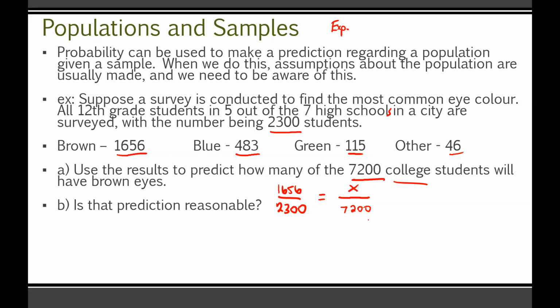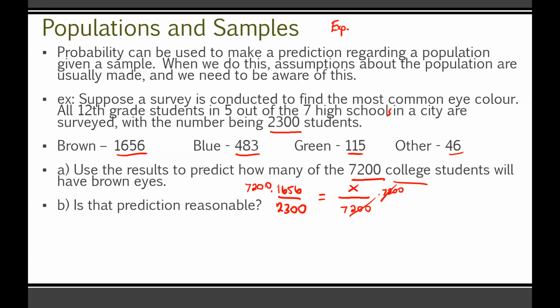Hopefully you remember from a previous chapter in this course, this is just a linear equation. To solve this linear equation, we need to get x by itself. Notice x is being divided by 7,200. To undo a divide, we just multiply by 7,200 on both sides. So if we multiply by 7,200 here, that knocks that out. But what you do to one side of an equation, you have to do to the other.